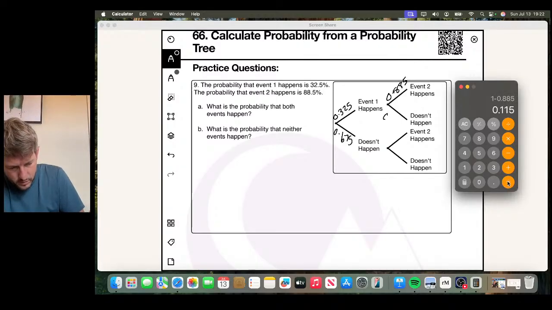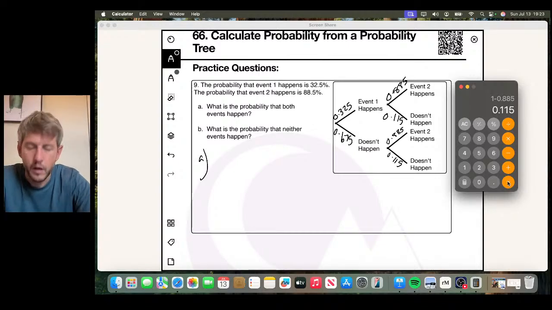Okay, what is the probability that both events happen?